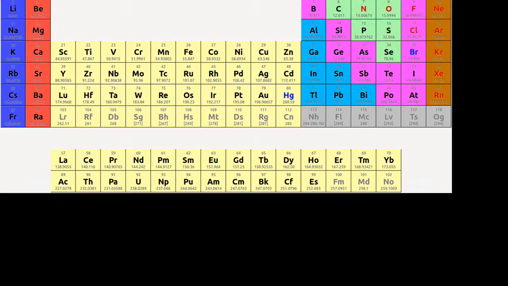So this is the periodic table of the elements. And this shows us the different elements. Now there is a pattern, and we're going to learn why it is within this pattern. But here's what we mean by the symbols. So H for hydrogen, helium, lithium, beryllium, boron, carbon, nitrogen, oxygen, fluorine, neon.